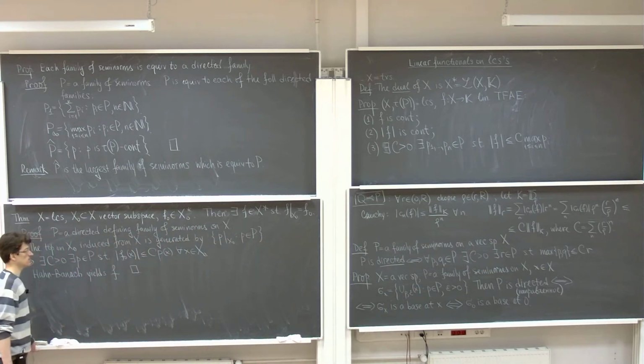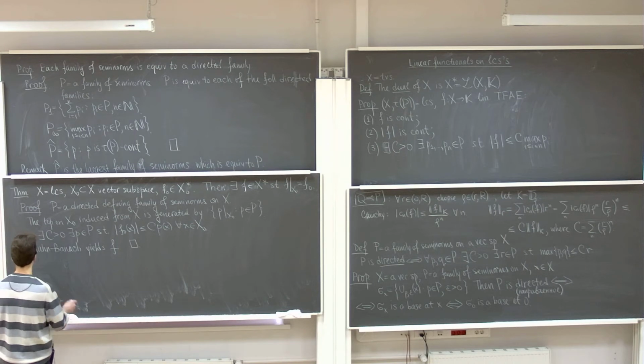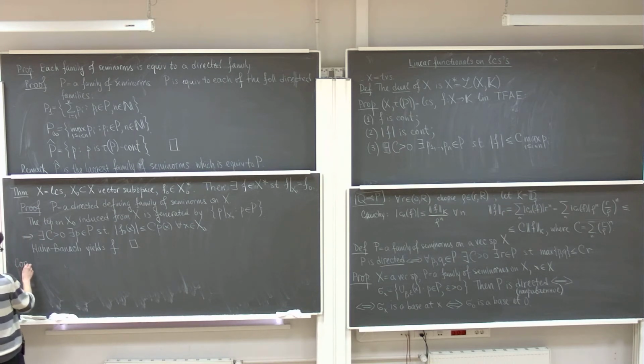Okay, let's now look at some corollaries. Corollary 1 says that if we start with a Hausdorff locally convex space, then we have sufficiently many continuous linear functionals.